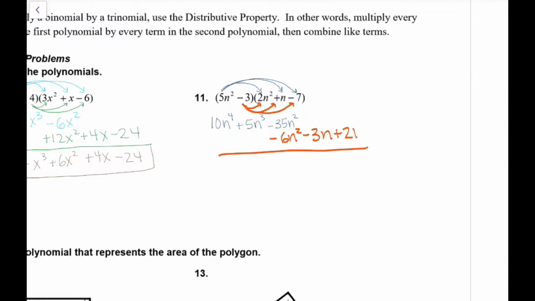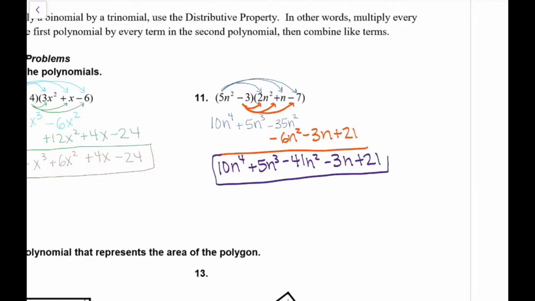I drop down the things that don't have anything that they're adding to, and then I have negative 35n squared and negative 6n squared. When I combine that, that equals negative 41n squared minus 3n plus 21. And that's how you do problem number 11.